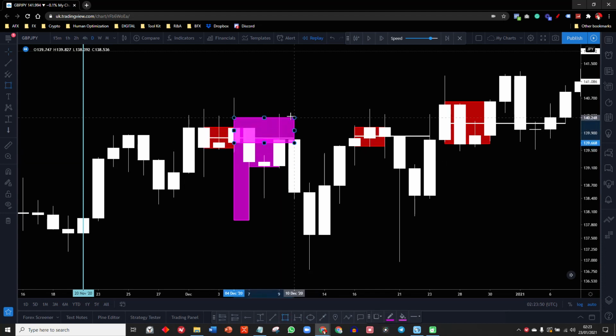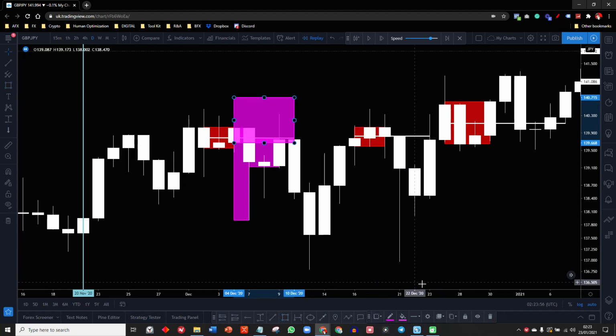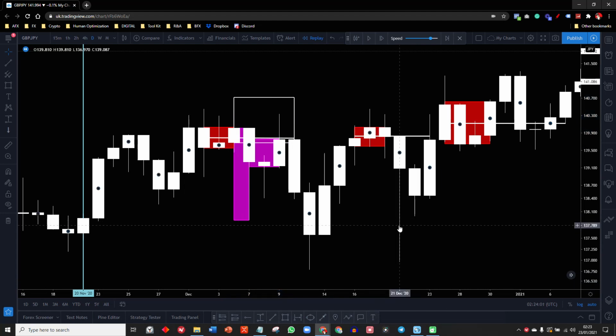Traders, this is the key to the whole thing that I discovered. You want the expansion phase to expand into an area of supply or demand.